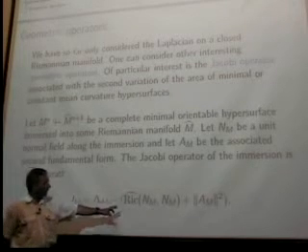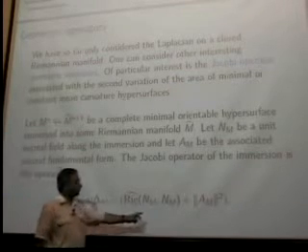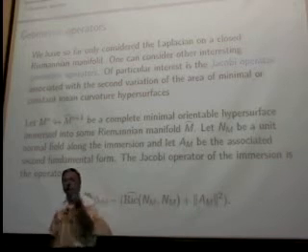So if you have a minimal immersion or an immersion with a constant mean curvature of a hypersurface, assume it's orientable, then the Jacobi operator is the Laplacian plus some function which depends on the curvature. So you have the curvature of the ambient space, the Ricci curvature in the direction of the normal to the immersion, and you have also the norm squared of the second fundamental form.